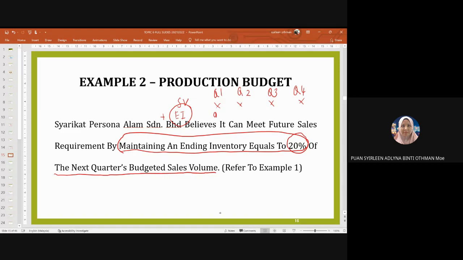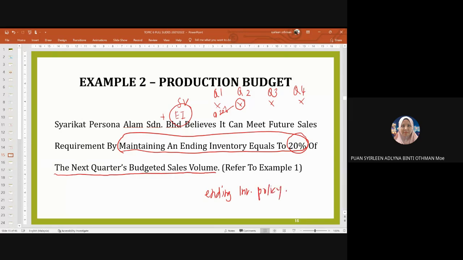So this is the sales volume for the next quarter, and A is 20% of Q2. That is the ending inventory policy.